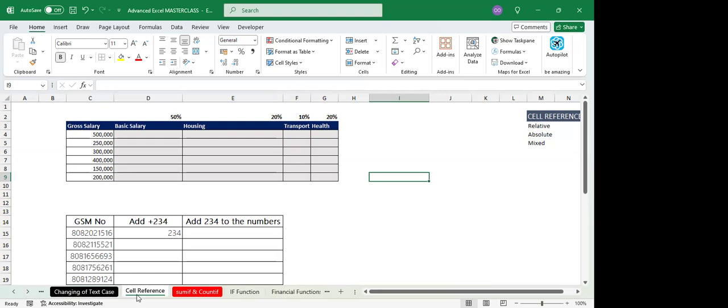And now we are going to be starting with cell referencing, right? In the last class, I was just trying to create a quick way to make you understand what cell referencing is talking about, right? And I used a word in the last class purely to make us understand it.